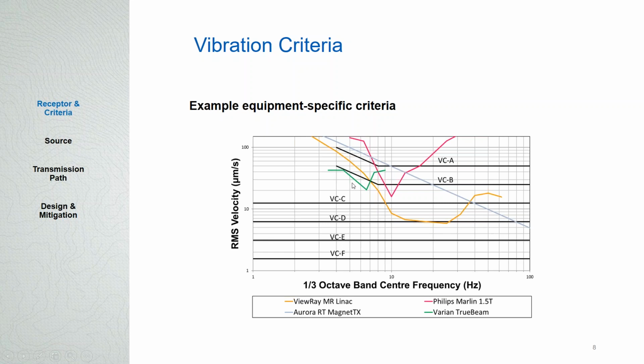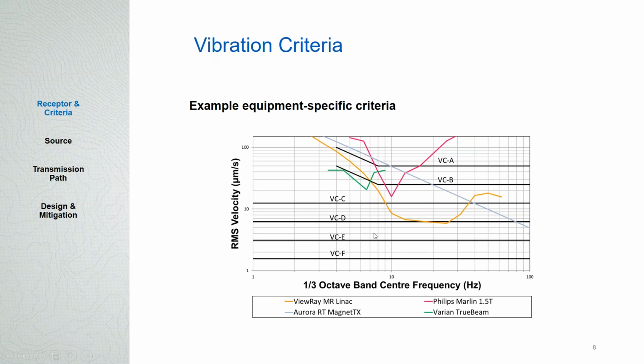So that equipment is less stringent than this yellow, the V-Ray LINAC is actually the most sensitive piece of equipment here. Other than at high frequencies, we have something that's more sensitive, but often the high frequency vibration is not as great a concern as the lower frequency stuff in the 10 to 20 hertz range.